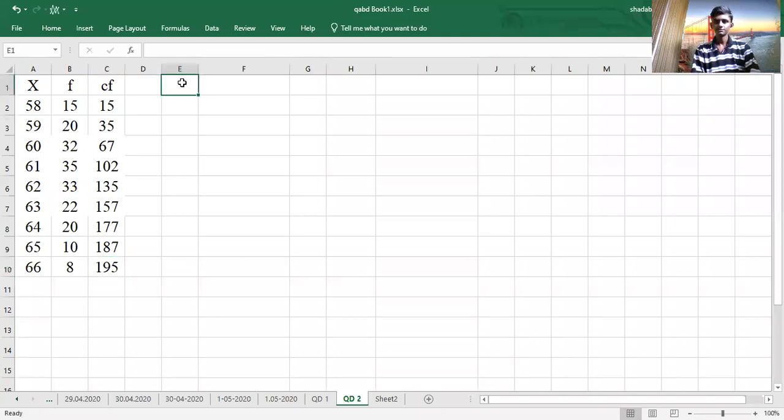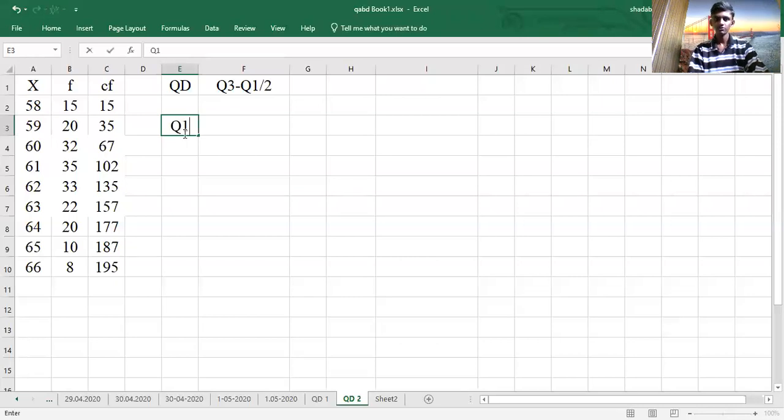Here also, quartile deviation equals Q3 minus Q1 divided by 2. Here also we don't know what Q3 and Q1 are. But in a discrete series, it is very simple to calculate them, unlike the individual series. Why? I will tell you right now.